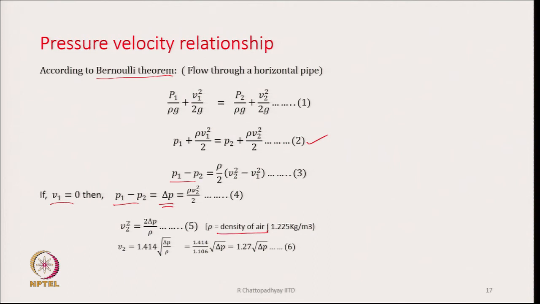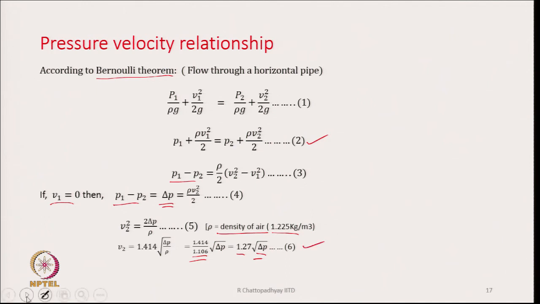If I choose the rho value to be 1.225, then the square root of rho becomes 1.106, and therefore the relationship becomes V2 is 1.27 root over delta P, that is the pressure difference or pressure differential. So, the velocity within the duct can be found out if I know the value of delta P. So, V2 is 1.27 root over delta P.